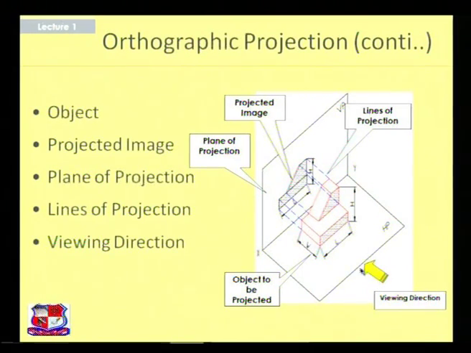For example, if we are seeing in this viewing direction, then the rays of projection will be created parallel and perpendicular to the projection plane, and the image formed on the particular plane is said to be the projected image, and the lines or the rays are said to be the lines of projection. That we have to remember. And this arrow given in the figure is said to be the viewing direction, where the observer is watching or observing the image in the particular direction. This arrow is indicated as a viewing direction.